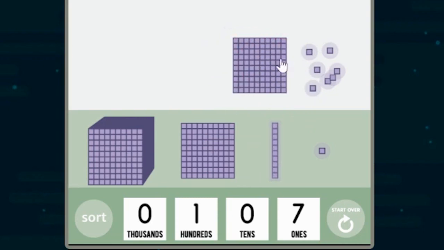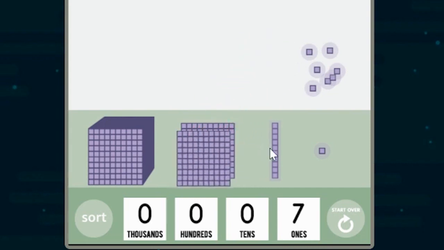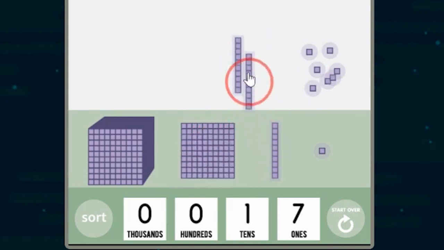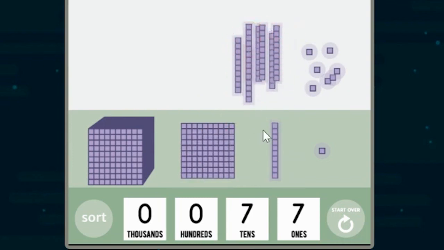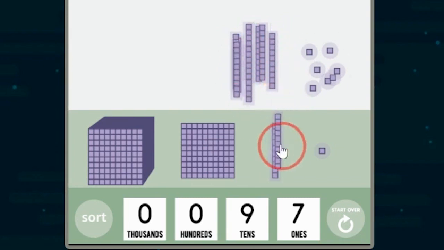So that means I will have 9 tens up here. So I need to put up 9 more. I took away the 10, replaced it with 9. Now we have 97, 87, 77.